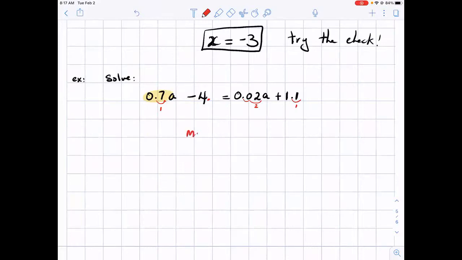So the most amount of moves is equal to 2. That's this one here. Okay?